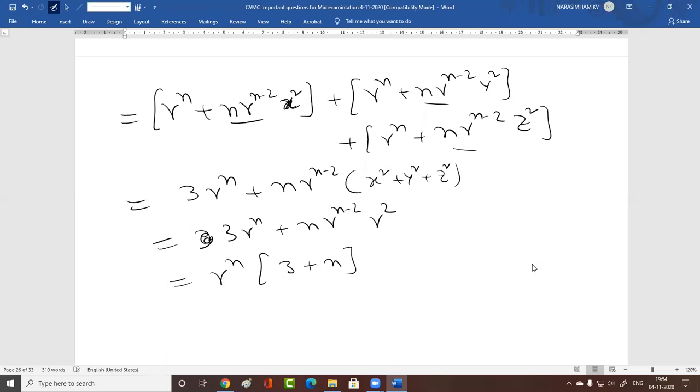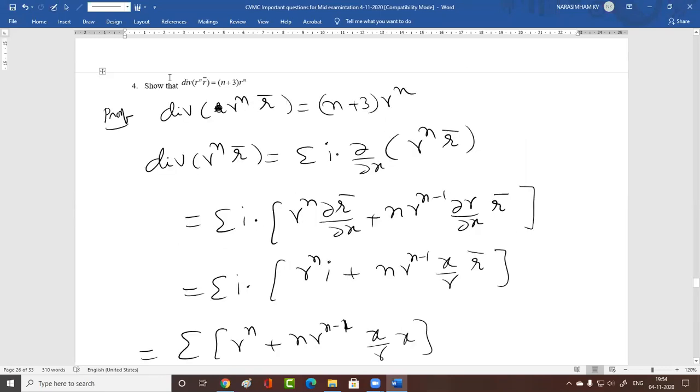Finally, (n plus 3) into r power n. This is the divergence of r power n into r bar. This is another most important result. Frequently, you will get the same question in the examination. So this is the fourth question.